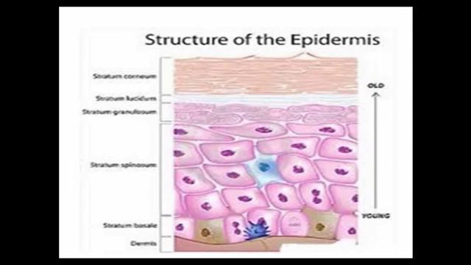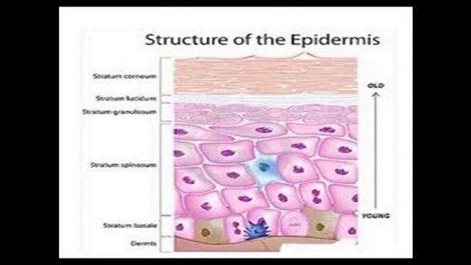When new cells are formed via mitosis, the previous layer of cells is pushed toward the next layer, the stratum spinosum.